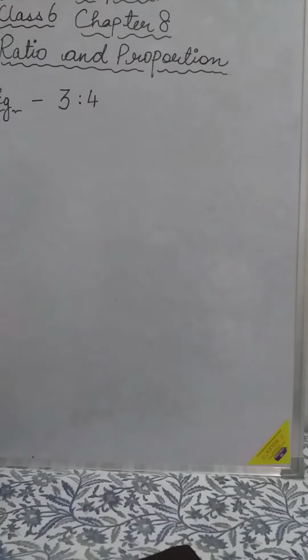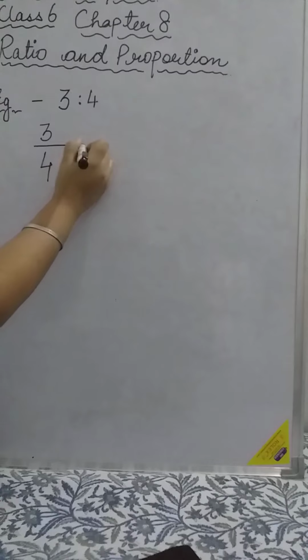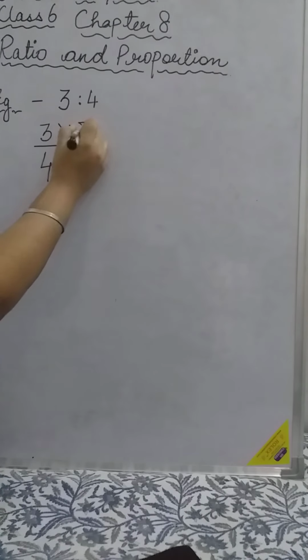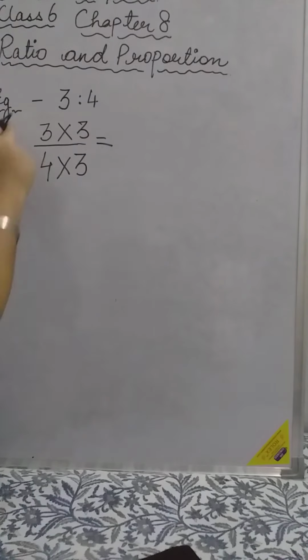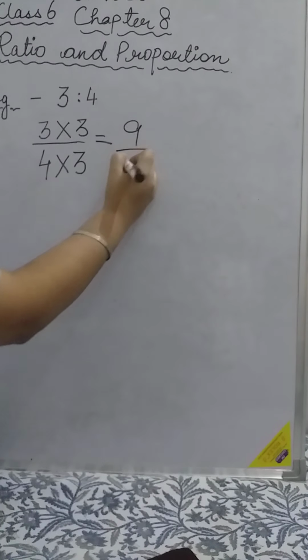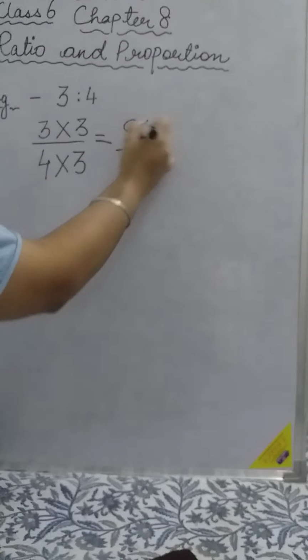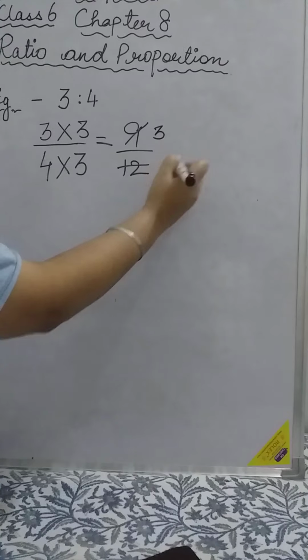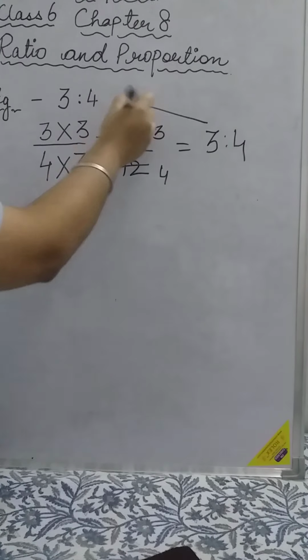Now if I multiply 3 with 3 and 4 again with 3, it will give you 3 3s are 9 and 4 3s are 12. Now when you reduce this fraction, 9 by 12, again you will get 3 is to 4, same as your question.